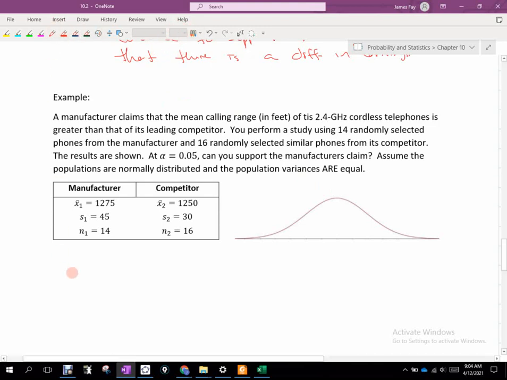Okay. So let's write our hypotheses, H0 and H1. Manufacturer claims that the mean calling range of its 2.4 gigahertz cordless telephones is greater than its competitor. So we're saying mu of the manufacturer is greater than mu of the competitor.